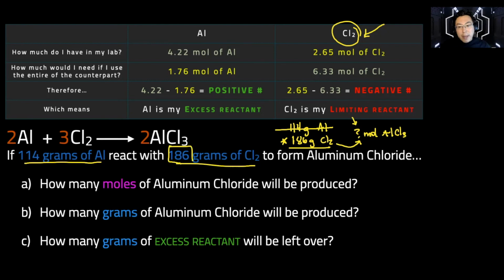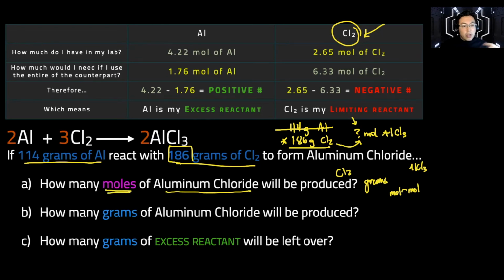If we do the map, you go from grams of chlorine, our known substance, to moles of chlorine, crossing the bridge to moles of aluminum chloride, which is the one you are being asked about. And that will be our answer, because we're being asked for moles.